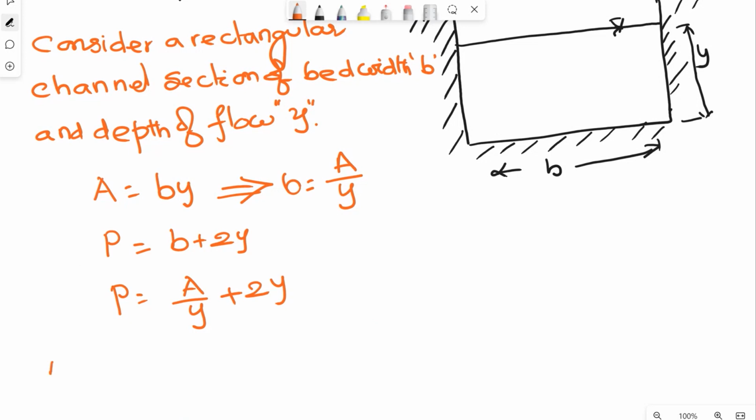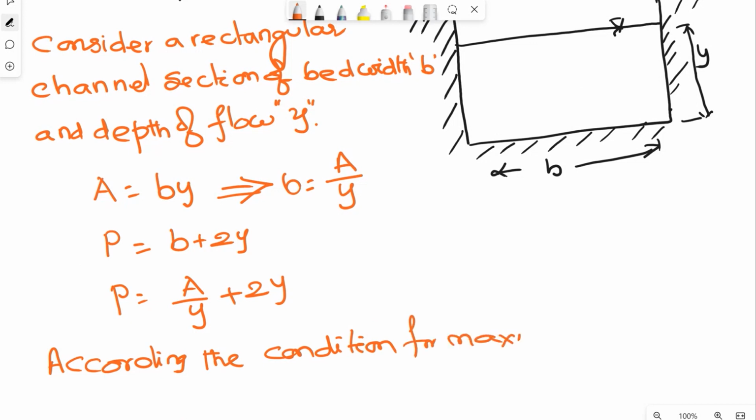So according to the condition for maximum discharge, P should be minimum.